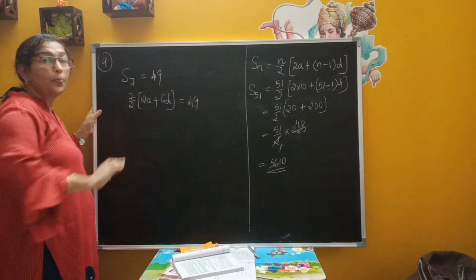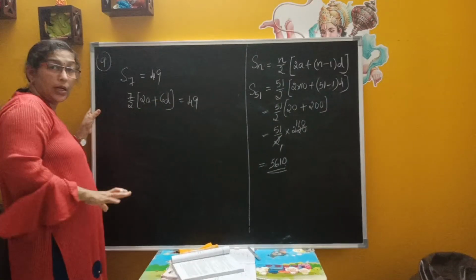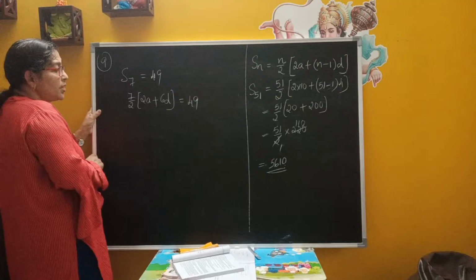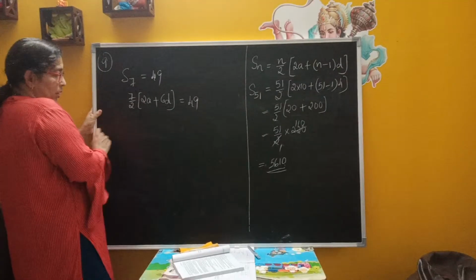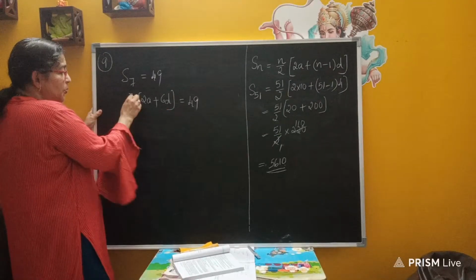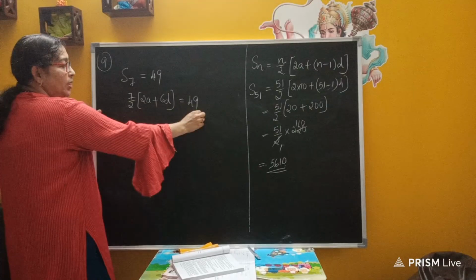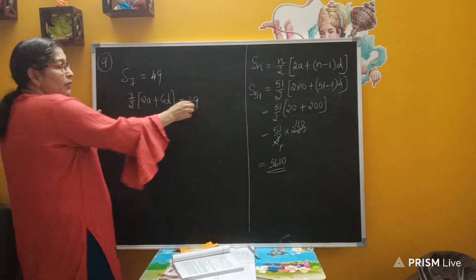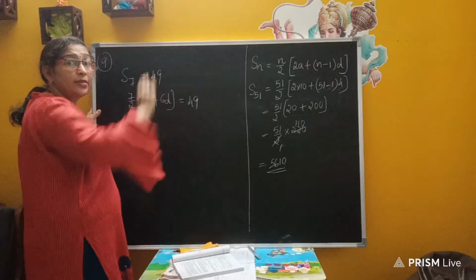I won't solve it completely, I'll just give you a hint. Get the equation, then I'll stop. So this is after substituting. If you transpose 7 by 2 to the RHS, 49 into 2 by 7 it becomes. Here it is 7 by 2, and if you transpose it, we have to multiply with the reciprocal.